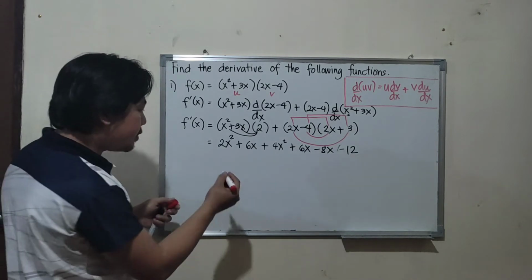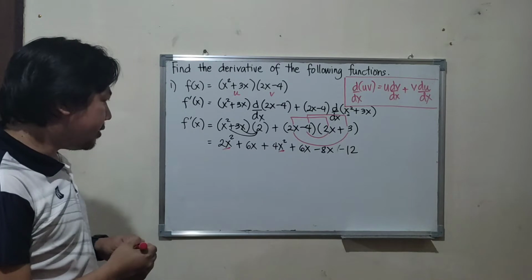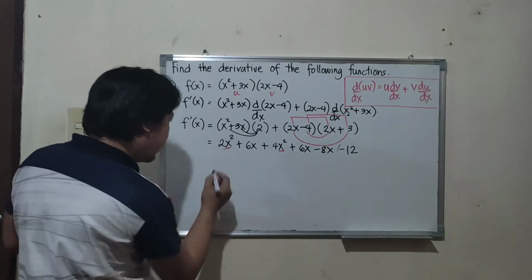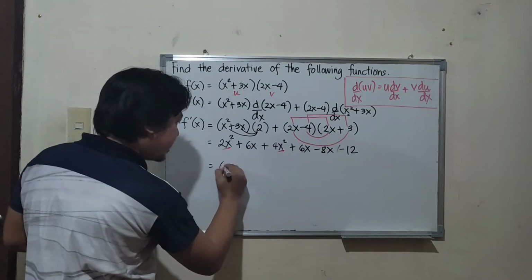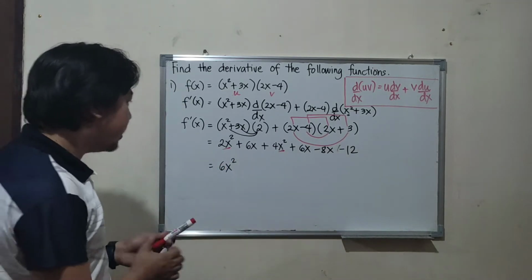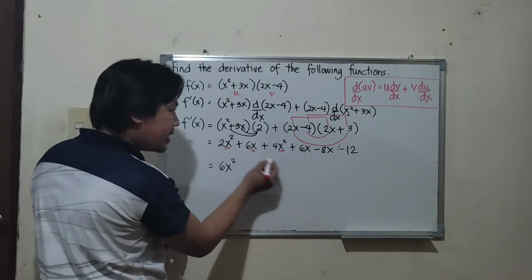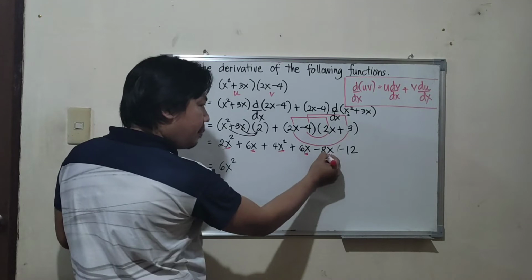Okay, then next is combine like terms. So we have 2x squared plus 4x squared. So that is 6x squared. Then the x, we have 6x plus 6x, that is 12x minus 8x.